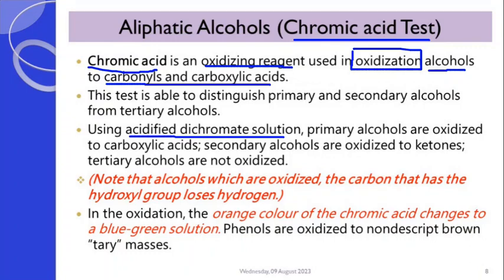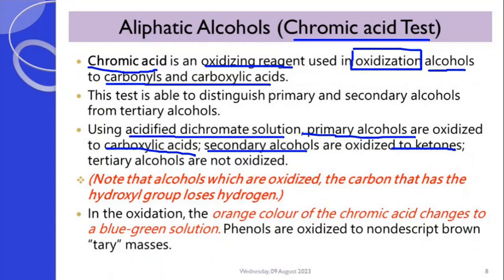Let us go over what we've just said. In this kind of test, we are going to use acidified dichromate solution as a reagent. Once we add this to the organic sample, primary alcohols would be oxidized to carboxylic acids, whereas the secondary alcohols would be oxidized to ketones.